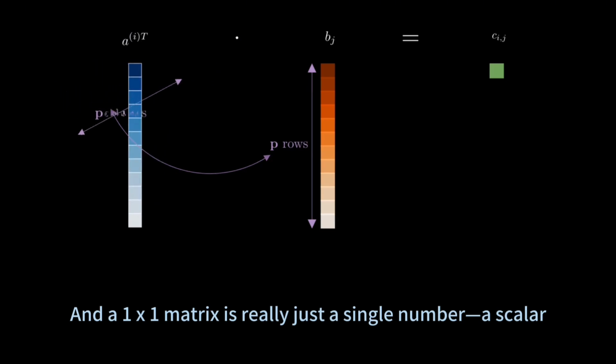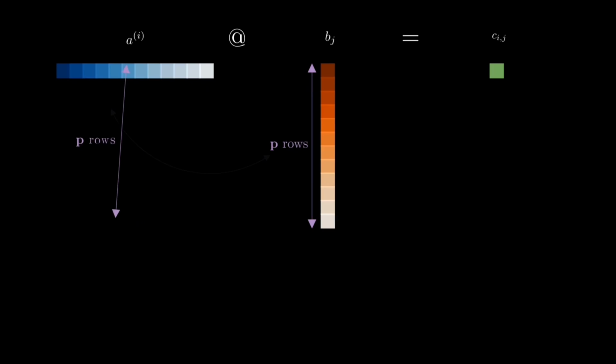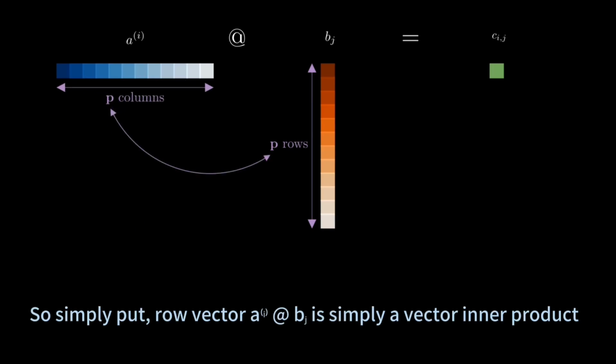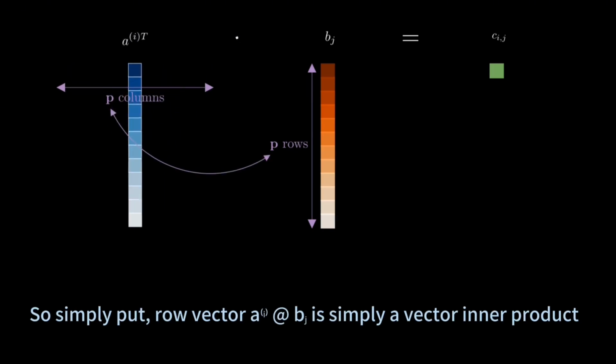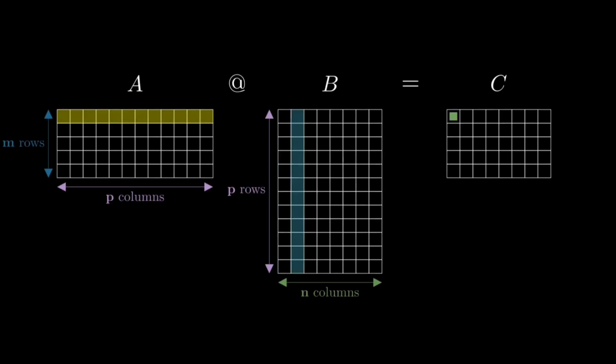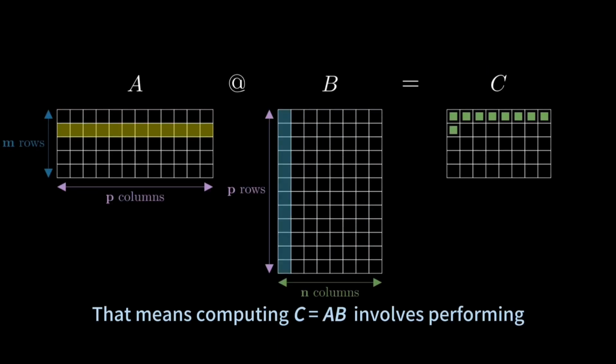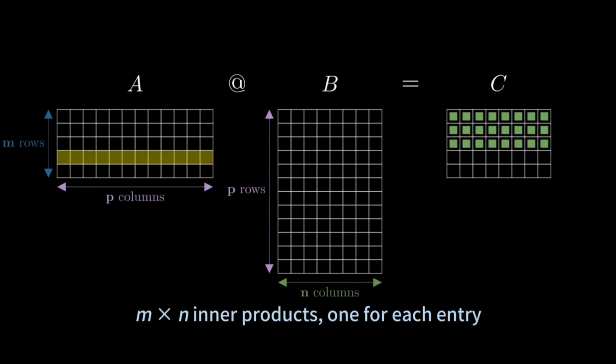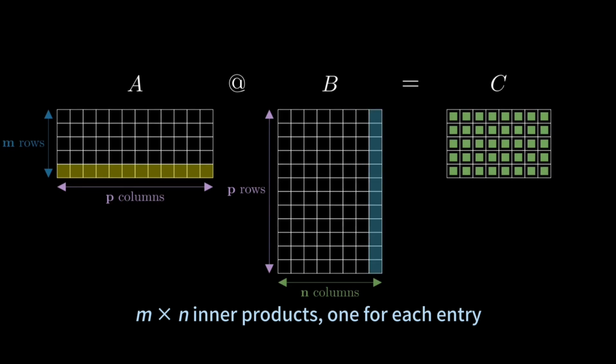And a 1 times 1 matrix is really just a single number, a scalar. So simply put, row vector A times column vector B is simply a vector inner product. That means computing A times B involves performing m times n inner products, one for each entry.